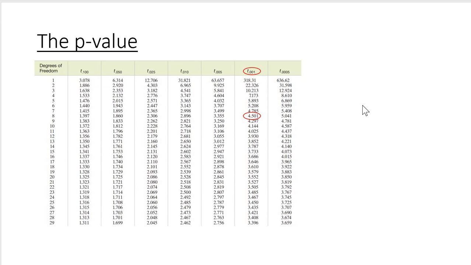So here, this is the value of t for alpha equal to 0.01. But because we perform a two-tailed test, you will have to multiply it by 2. So in fact, our alpha is equal to 0.002, which is smaller than 0.01.